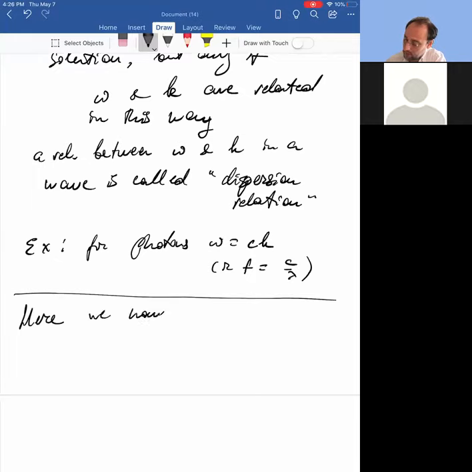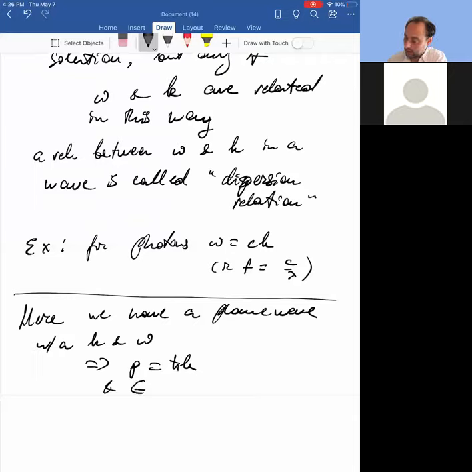And we discussed that if you have a plane wave with a well-defined k, you have a well-defined momentum. So the momentum equals h bar k, and the energy equals h bar omega.